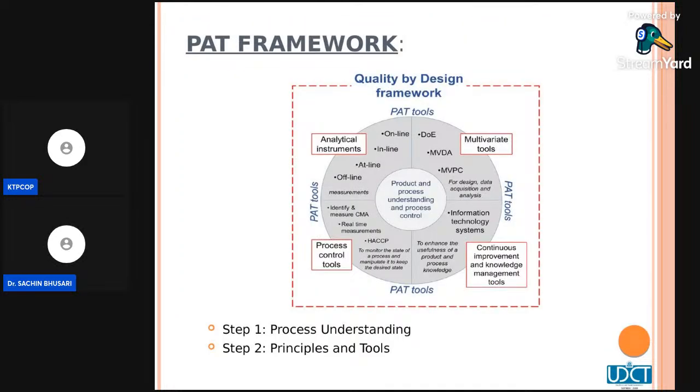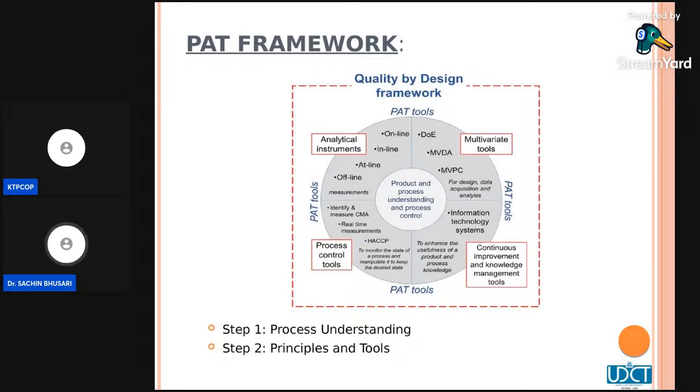So now let us see the PAT framework. The backbone of this PAT is quality by design. But before going into the PAT framework, one should understand there are two critical steps. First, one should understand the process nicely. Process means not only synthesis, don't get confused.